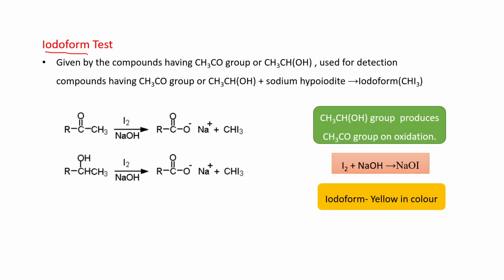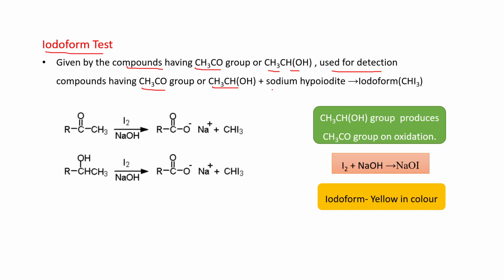Now iodoform test. In the haloform reaction, if we specifically obtain iodoform, then that test is known as the iodoform test. It is given by compounds having the CH3CO group or CH3CHOH group, and it is used for detection of such compounds.